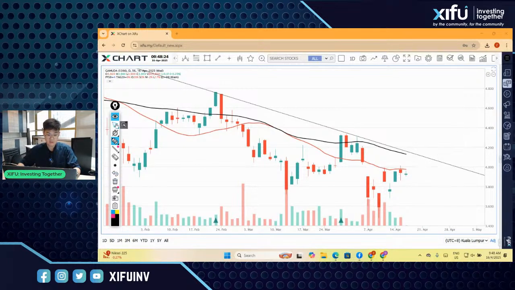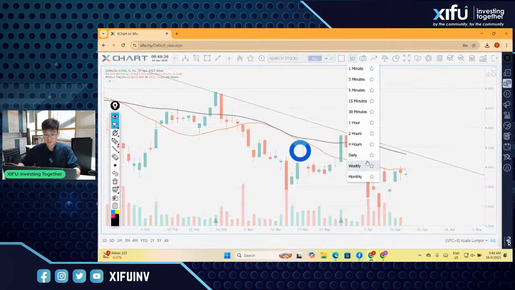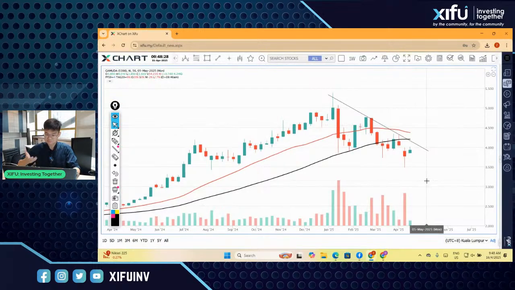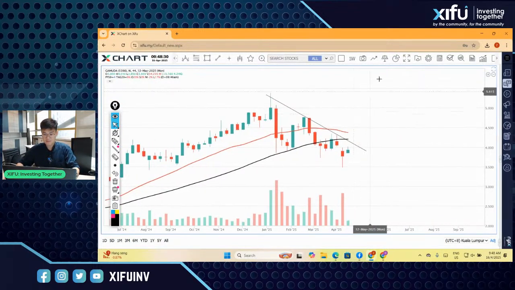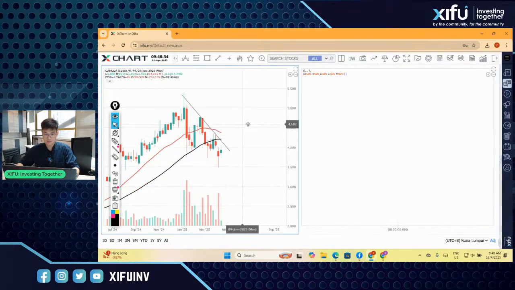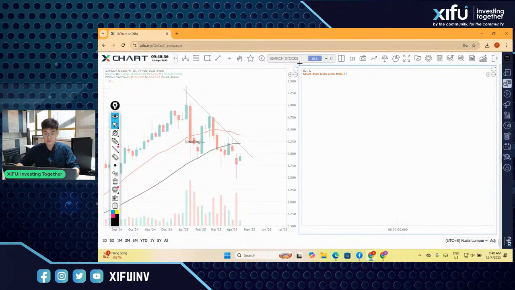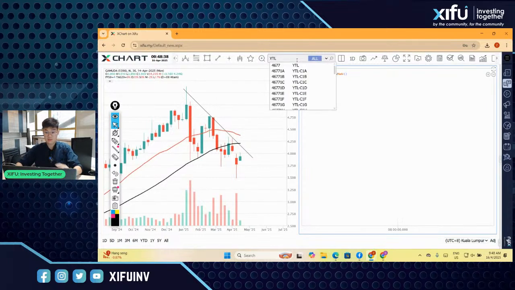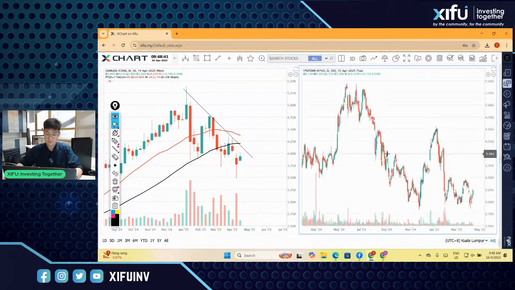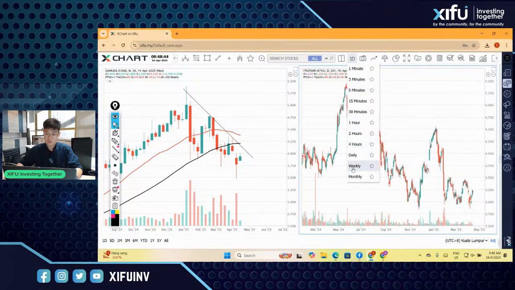Now, if I'm looking for long term, let's see whether the chart tells the same thing or not. So this one, I have to put two screens. We look into YTL Power, and we change to weekly chart also.